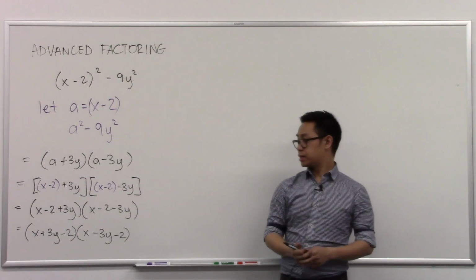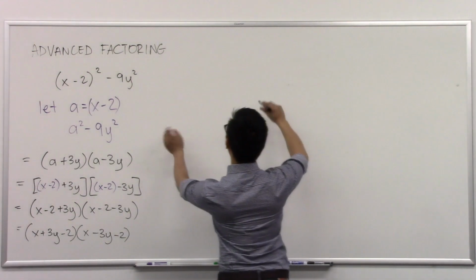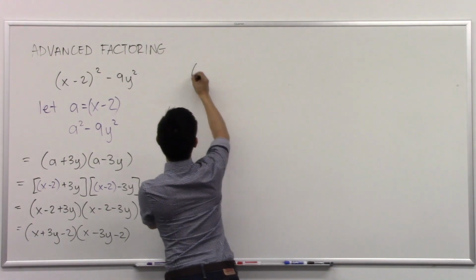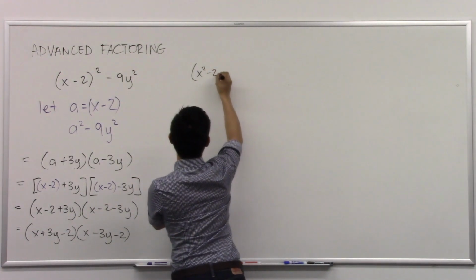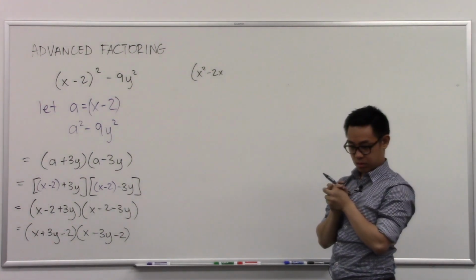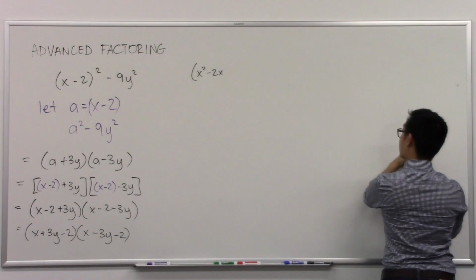Okay. Let's get harder. What if I had said x squared minus 2x. I need to make this up, sorry.